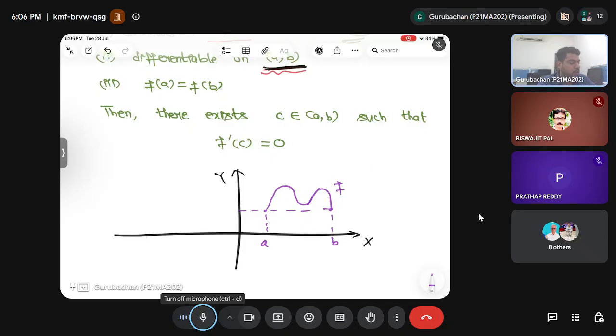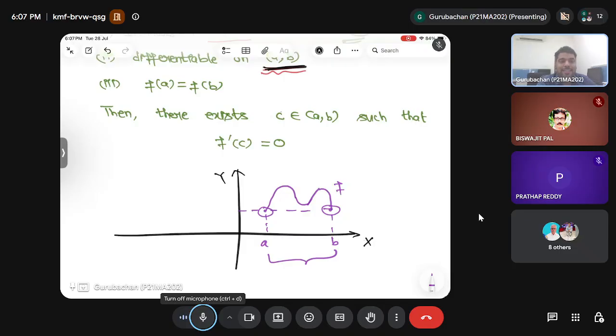The direct way to see it is whether our graph contains some peaks or not. Here there is no peak, so we can say that in the open interval (a, b) our function is differentiable. Next, f(a) is equal to f(b), which is visible here.